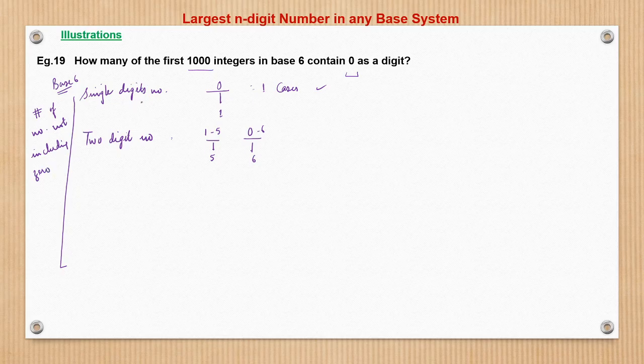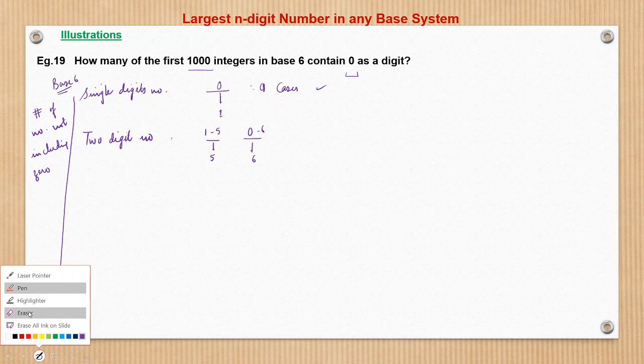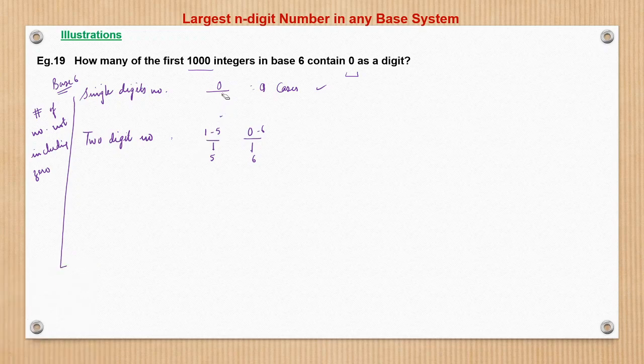So single digit numbers which do not include 0 can have 1 to 5, that is 5 cases.